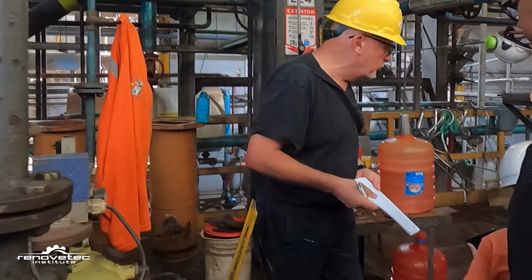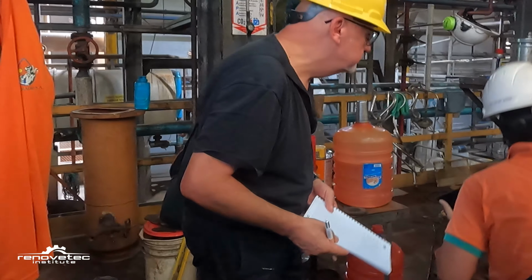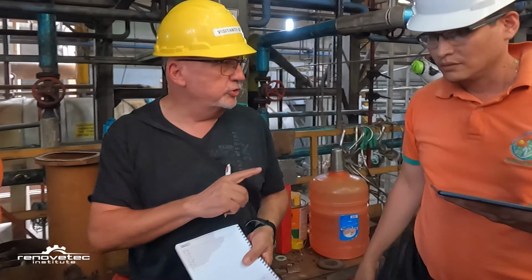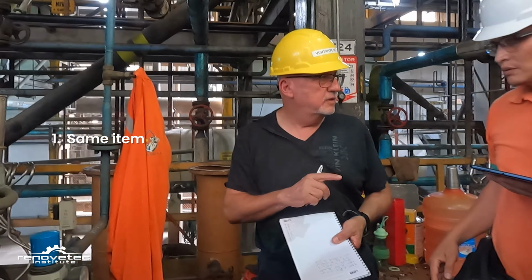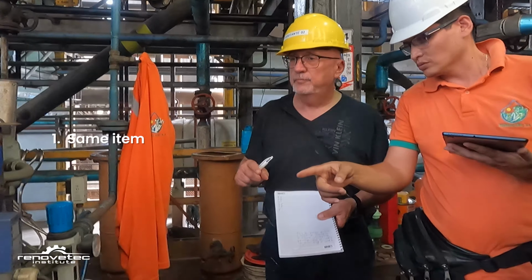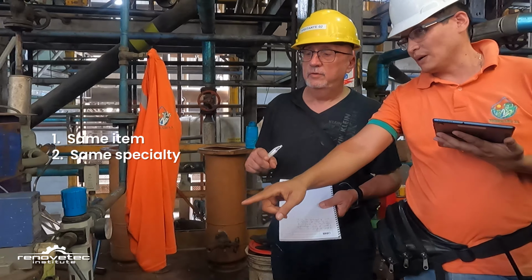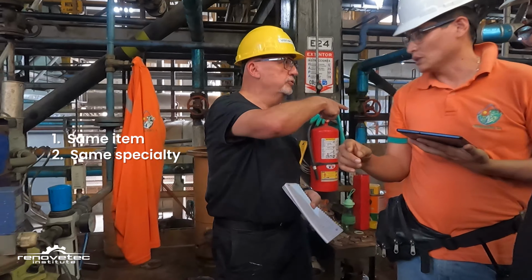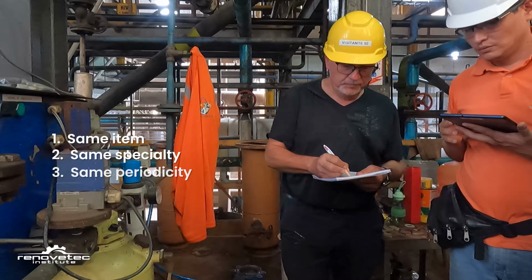A job plan is an assembly of tasks that have three things in common: they refer to the same item, they have the same specialty, the same group of workers that must do these tasks, and third, they have the same periodicity.